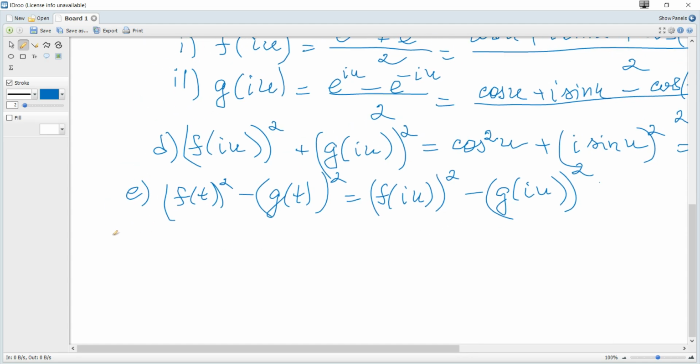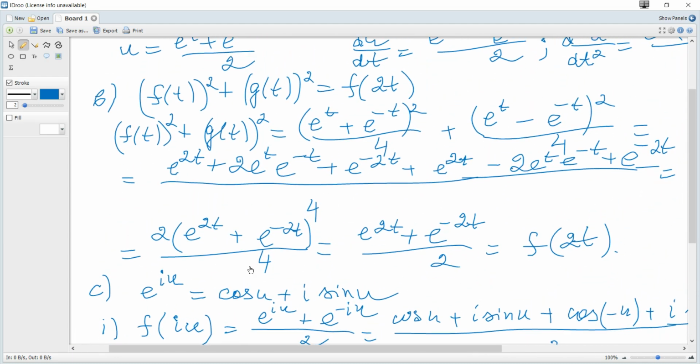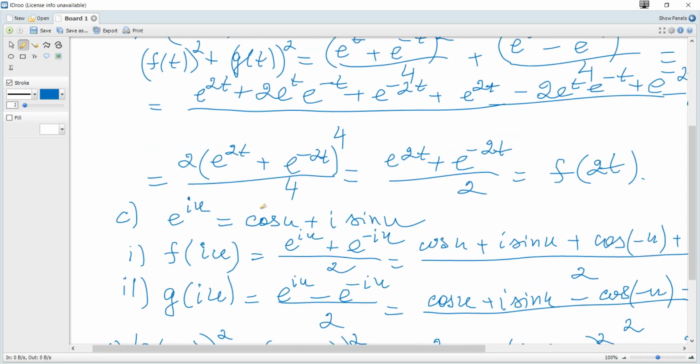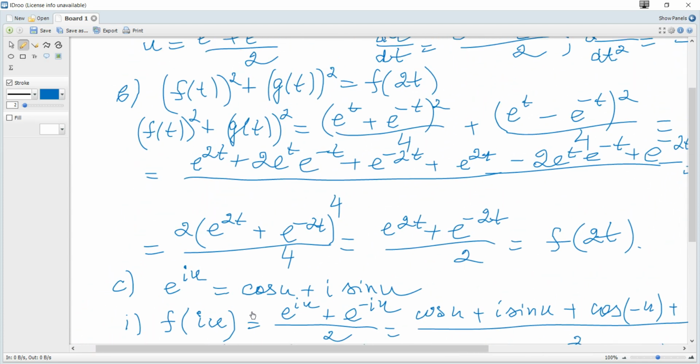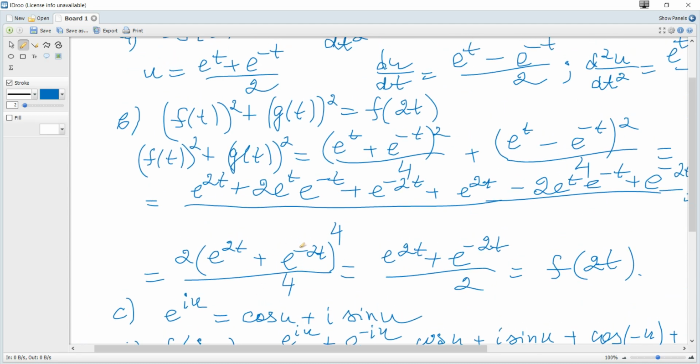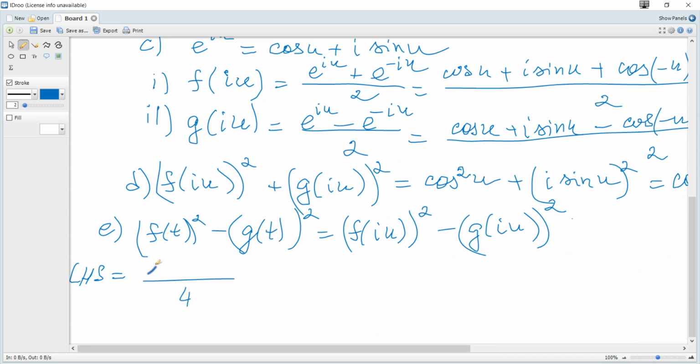Okay, so let's consider the left hand side, f of t squared. And we did with plus, but we need with minus. But it's quite easy. It's again e to the power of t plus e to the power of negative t squared minus e to the power of t minus e to negative t squared.